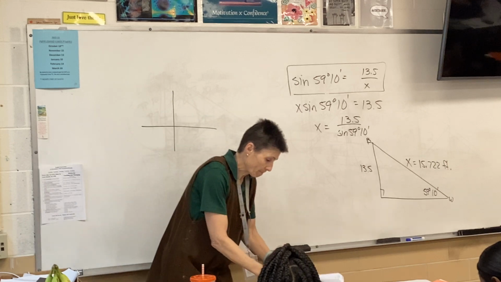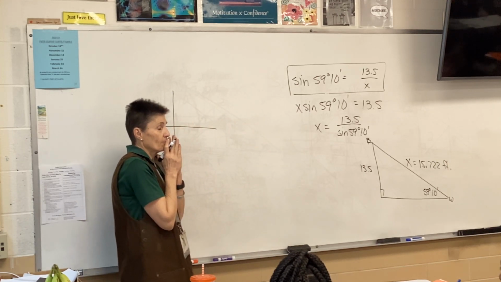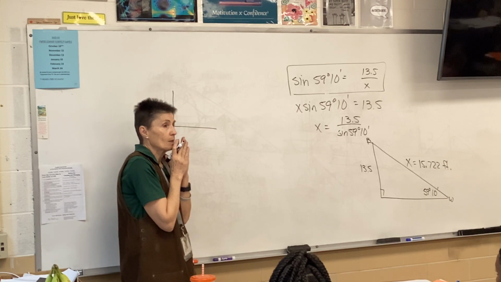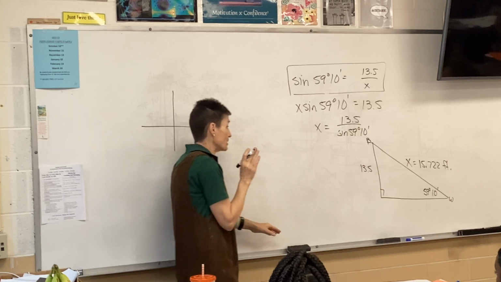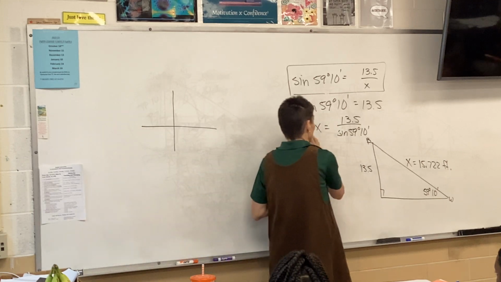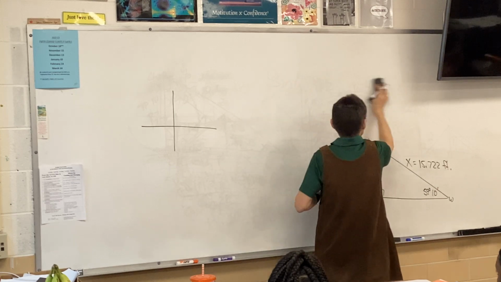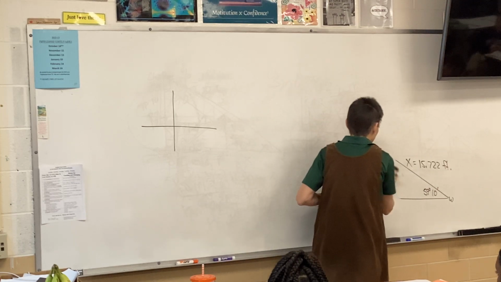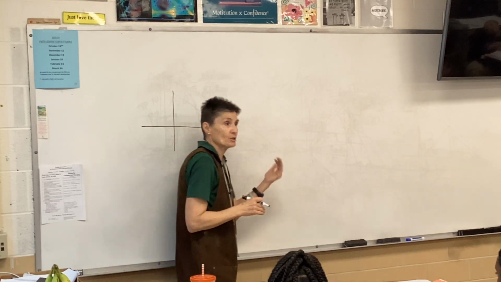First of all, I need to know what 100 degrees looks like. Now, I know what 100 degrees looks like navigationally. This is not navigation. This is straight math. There's no directions here. There's no boat.